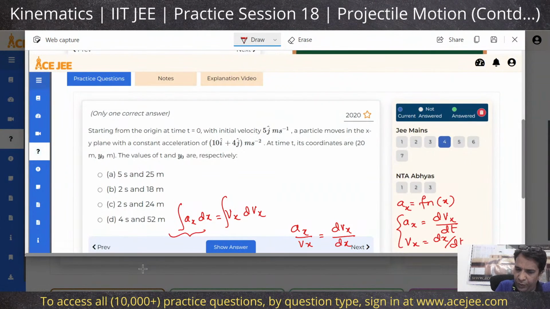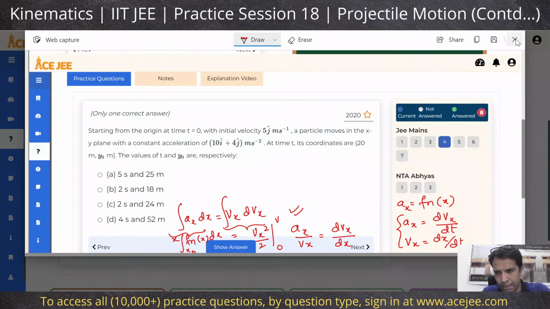This is completely a function of x. This is completely a function of vx. So this will simply be vx square by 2. Initial conditions, final conditions, and whatever the function is, we can integrate that from the initial position to the final position. That's how you would approach that.